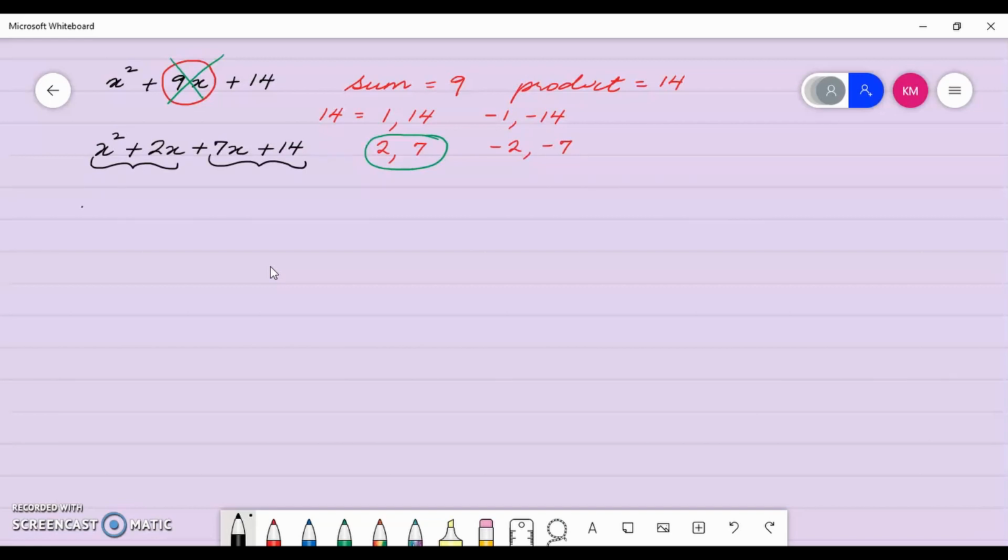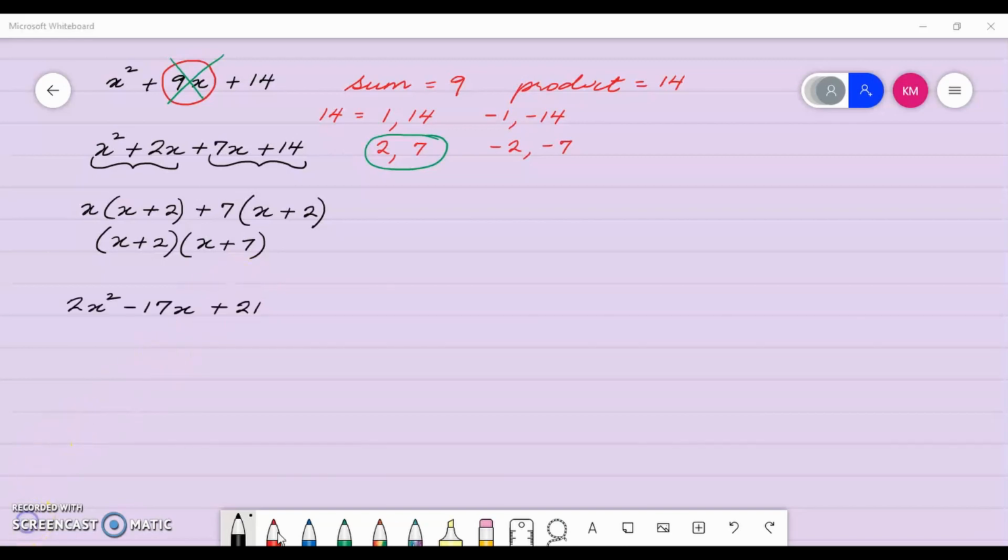So I can take out here x, open brackets, x plus 2. And here I have 7 being common, so it's 7 by x plus 2. Then I take out my x plus 2 and I put here x plus 7. And there you have it, your quadratic factorization.